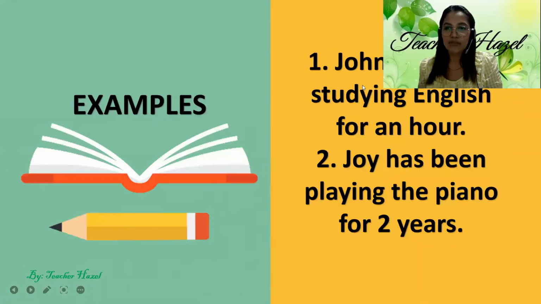All right, so we have an example here. John has been studying English for an hour. The subject pronoun for John is he, and that's why we say has. After that, we add been and then verb-ing, in this case, studying.